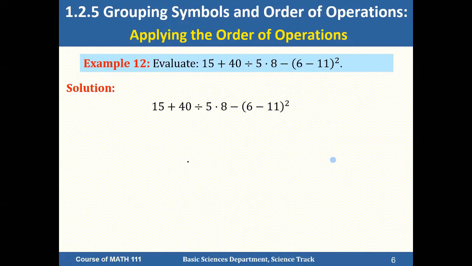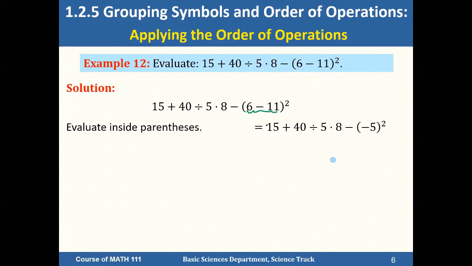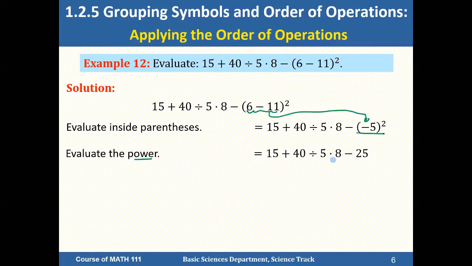إذا نعيدها خطوة خطوة. First step, inside parentheses 6 minus 11 is minus 5. Second step, the exponent of the power, 25. Third step, the division.